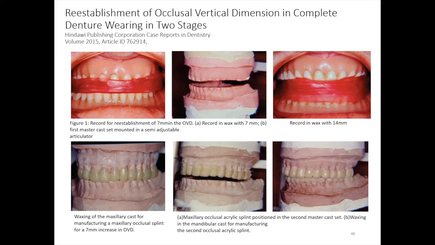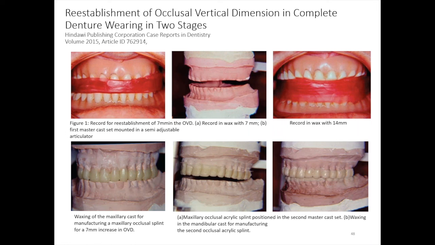One technique that is advocated for the re-establishment of the occlusal vertical dimension includes the use of an acrylic splint in an appropriate occlusal vertical dimension. This allows assessing the patient's tolerance, aesthetics, and phonetics. The present case report describes a method of gradual re-establishment of occlusal vertical dimension using an acrylic splint on artificial teeth in an old complete denture patient.